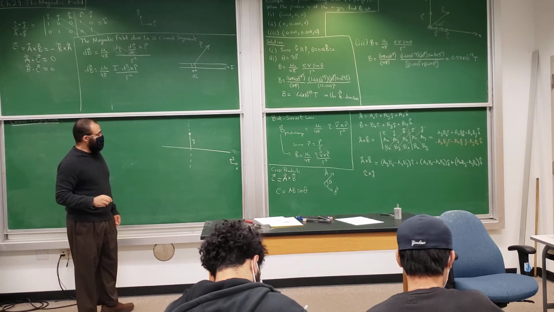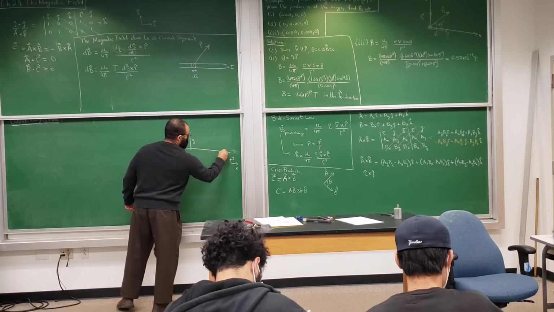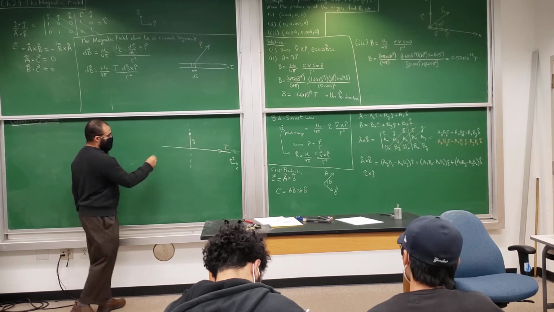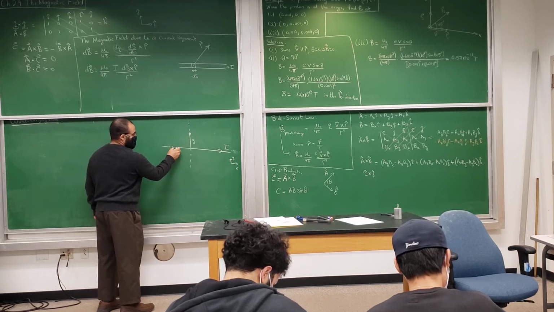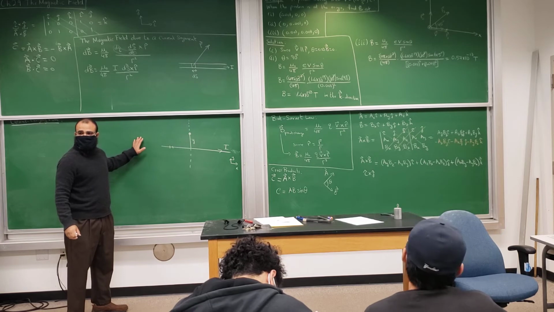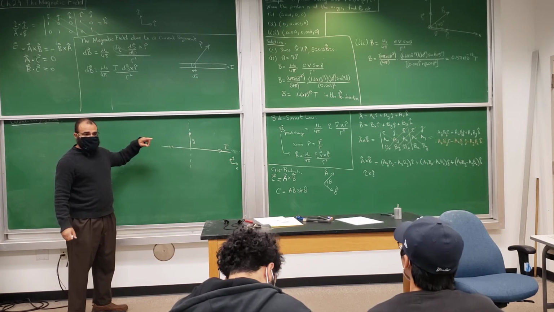The question is, you have a current segment, so the current is this way. You have current segments everywhere on this wire. They extend from x equal to minus infinity all the way to x equal to what? Plus infinity.